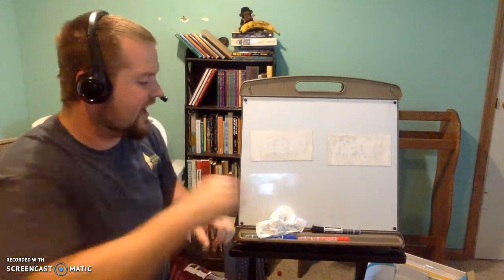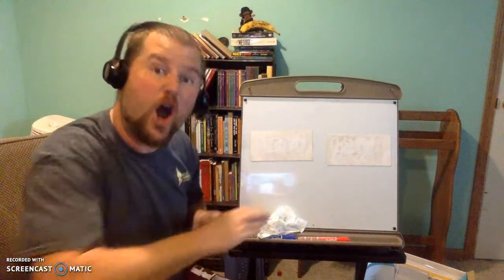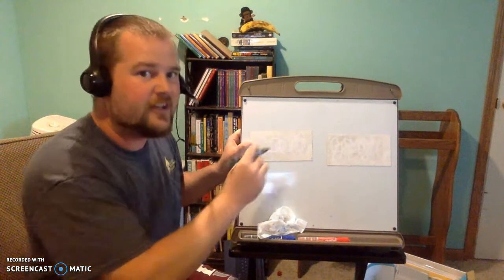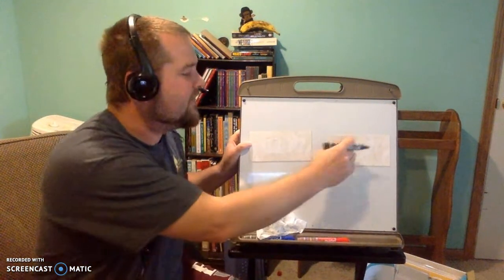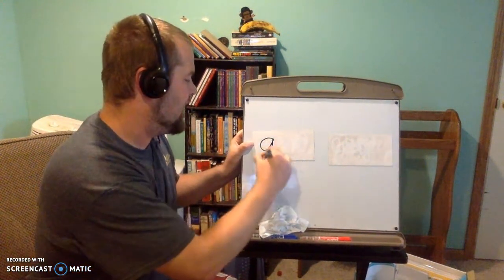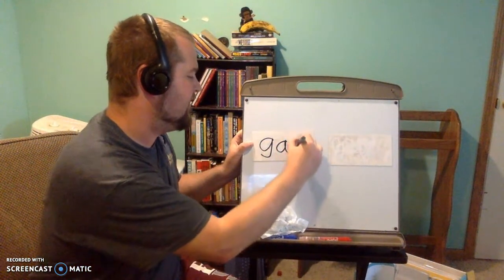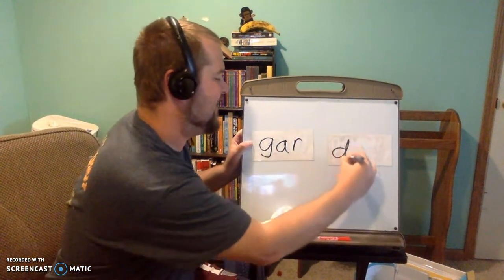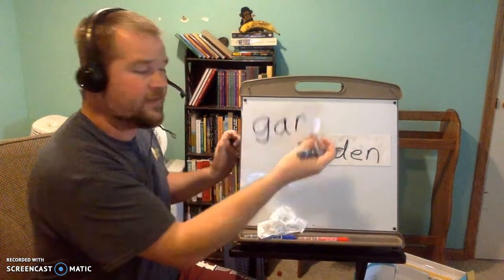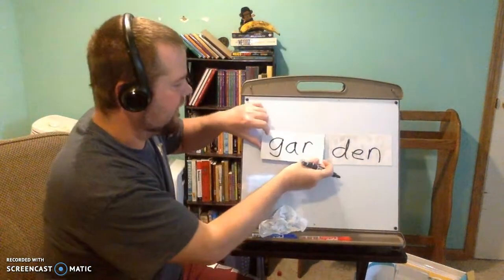Yes, after the AR car R. So write down the first syllable, gar, and then write down the second syllable, den. Okay, let's take a look. We have gar and den. Of course, we divided it right after the R-controlled vowel there.